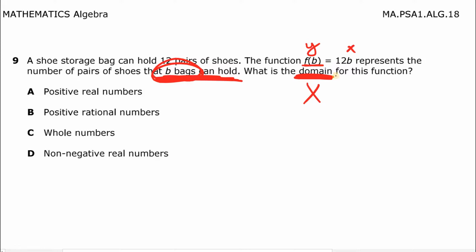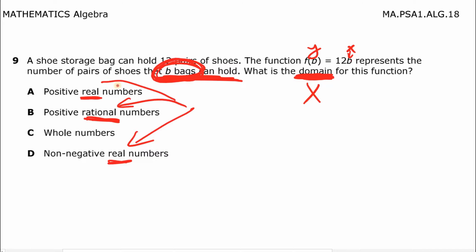The function, the output, is always our range, our y. So if domain is our x in this case, we know it's how many bags there are, and it's talking about bags of shoes. Real numbers and rational numbers, all of these numbers, real and rational, can include fractions.